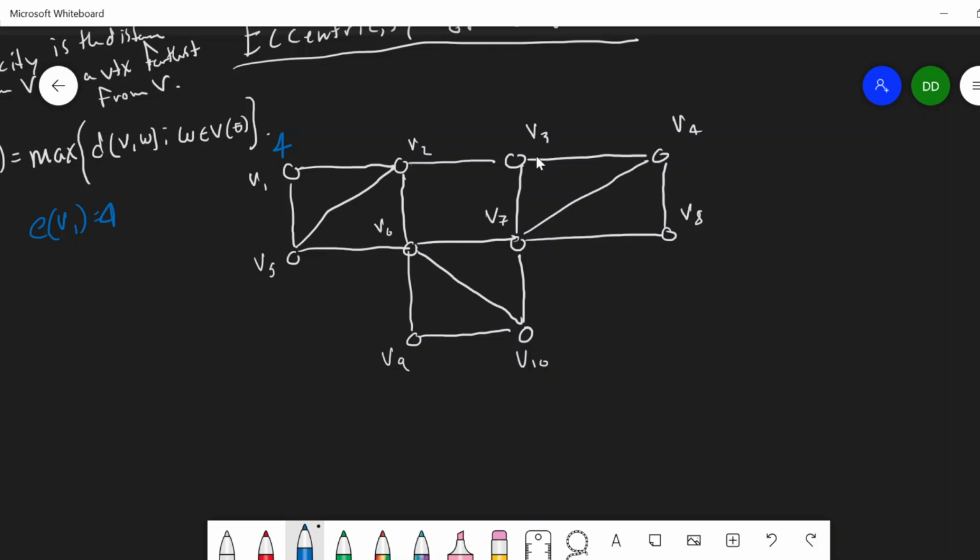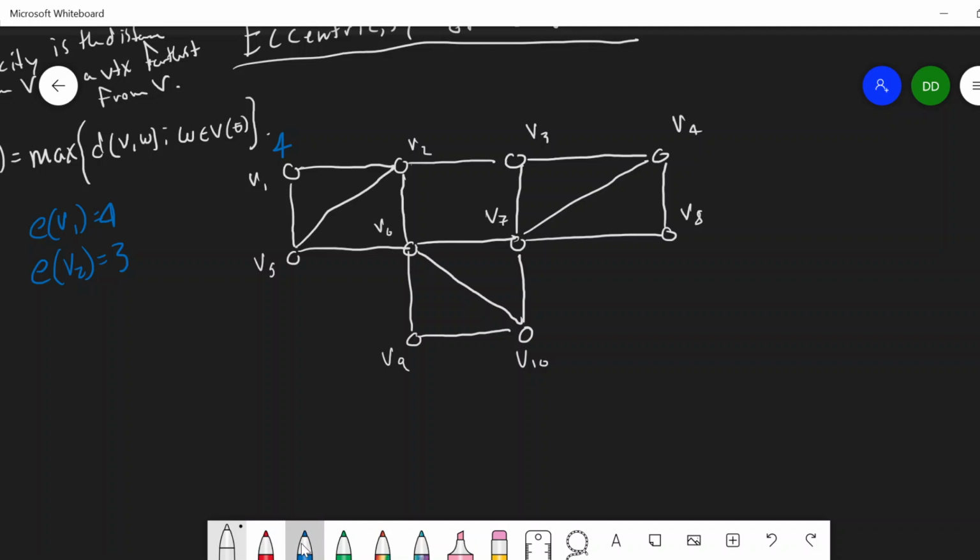It takes 3 edges to get from V2 to V8. So the distance between V2 and V8 is 3. And in fact, for any other vertex in the graph, the distance between V2 and that vertex is at most 3. V8 is, again, the furthest vertex from V2, and so the eccentricity of V2 is 3.